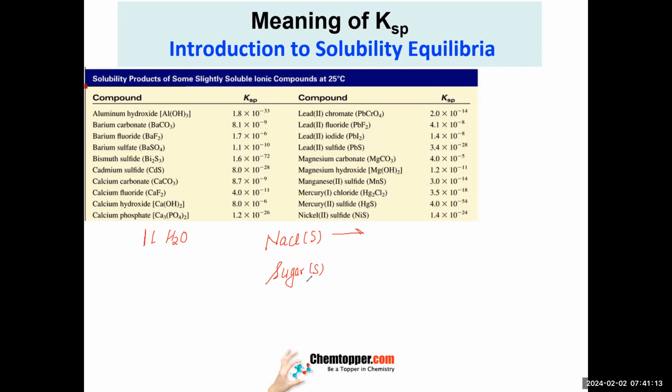But you'll reach a point when no more sugar is going into water. It starts settling down at the bottom. Same with NaCl. When no more solid is dissolving in water, we call that solution a saturated solution.